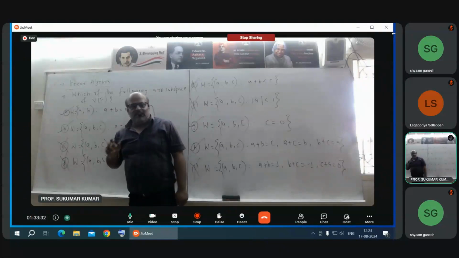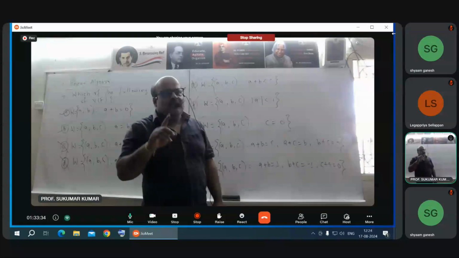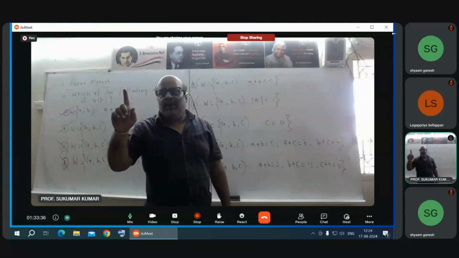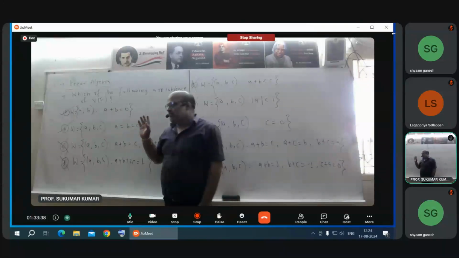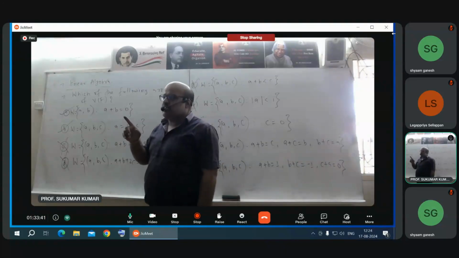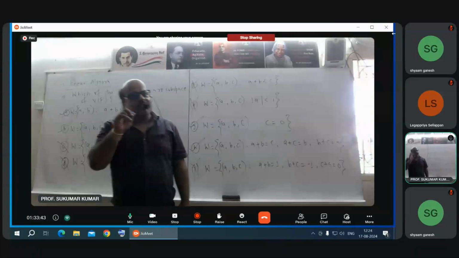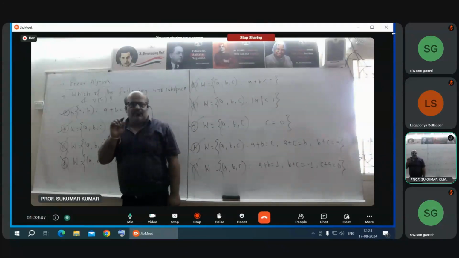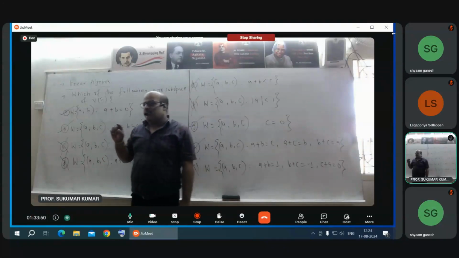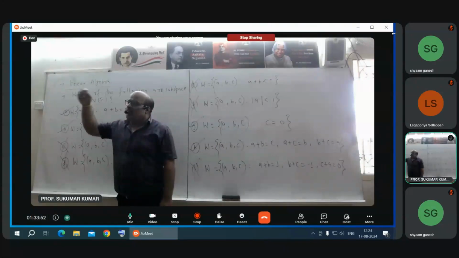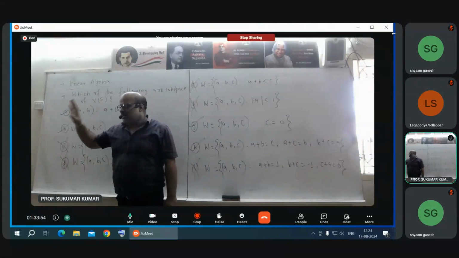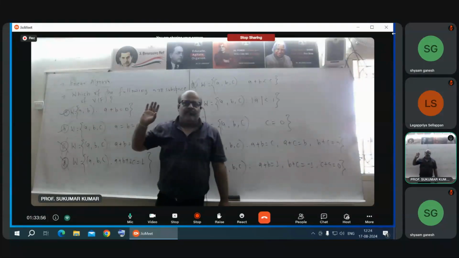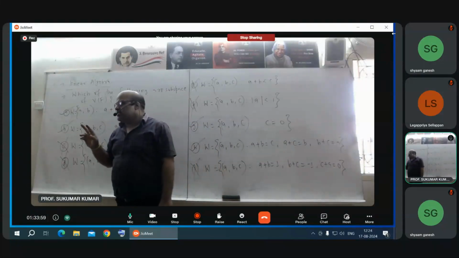Always minimum two types of equation you will see: a homogeneous system of linear equations and a non-homogeneous system of linear equations. If a homogeneous system of linear equations is coming, it must be a subspace. That means W is a solution set of a homogeneous system of linear equations, then W must be a subspace. Because a homogeneous system gives two types of solution: unique solution and infinite number of solutions.